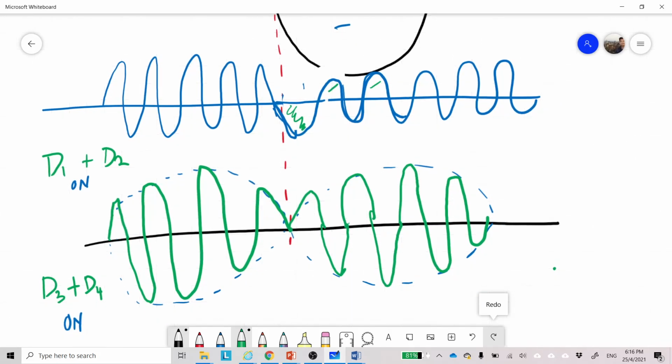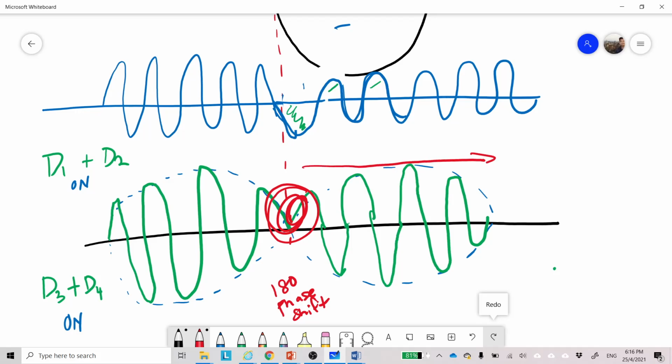This is what we call a 180-degree phase shift. After this the output is inverted, the reverse of the carrier polarity.